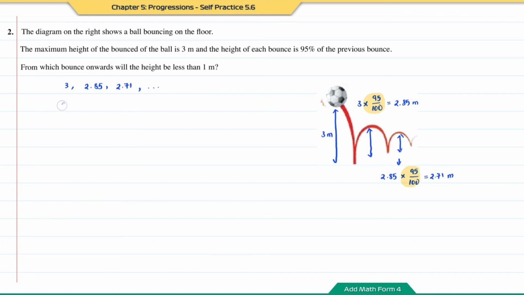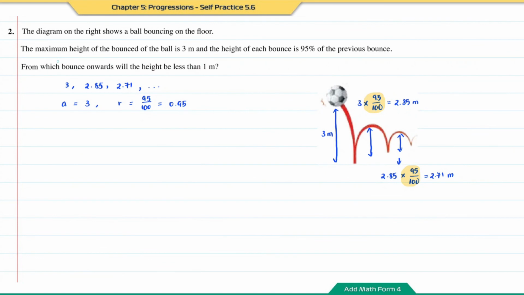So here the A, which is the first term, will be 3. And the R will be the constant that you multiply to the previous term, which is 95 over 100, or we can also write this as 0.95. Here we want to find from which bounce onward the height will be less than 1 meter.